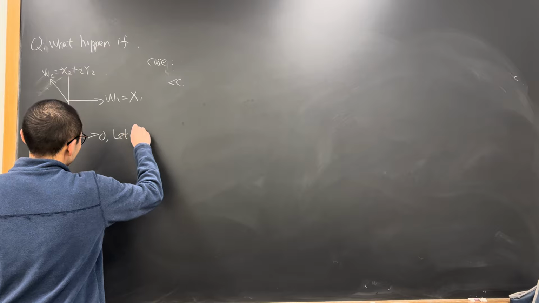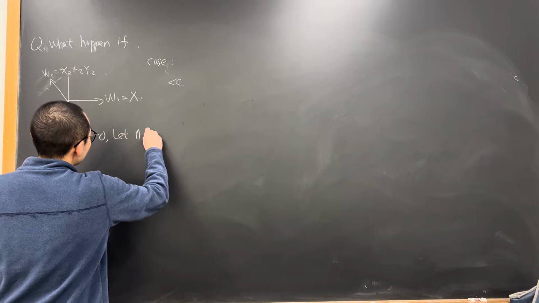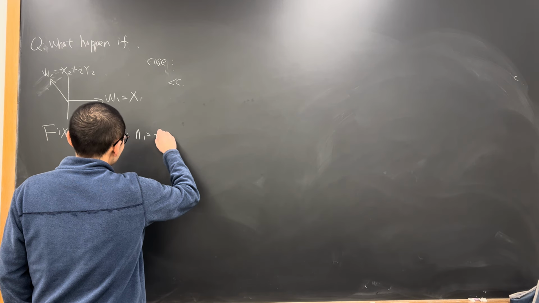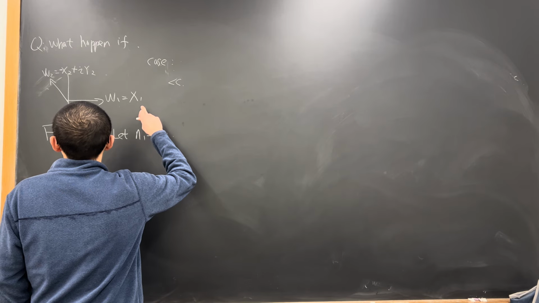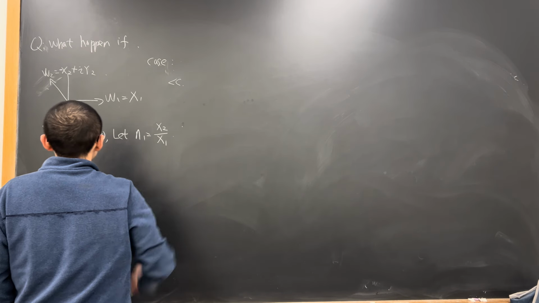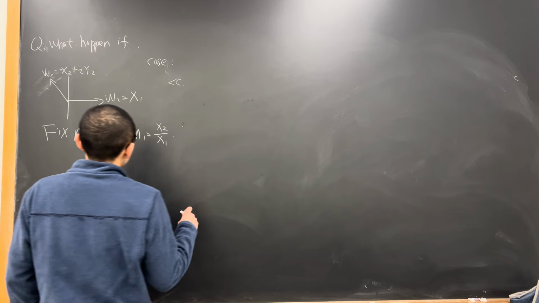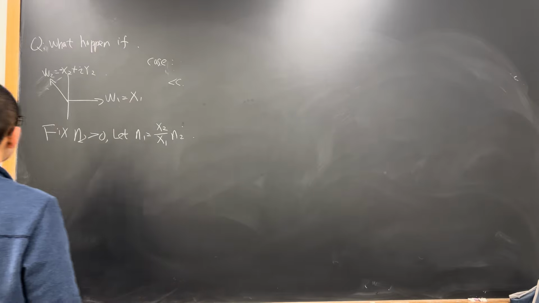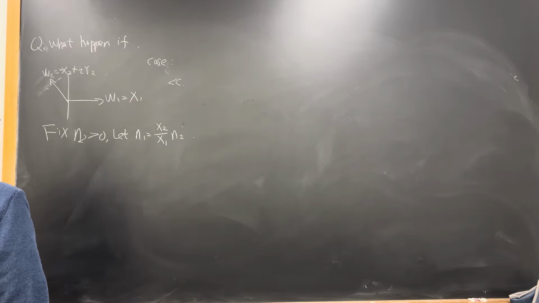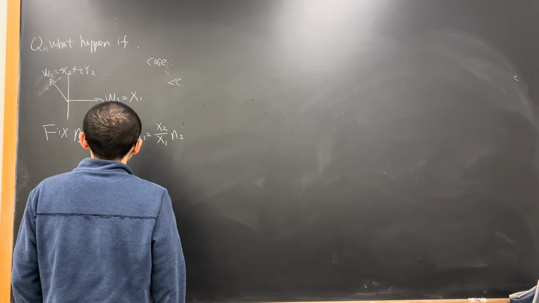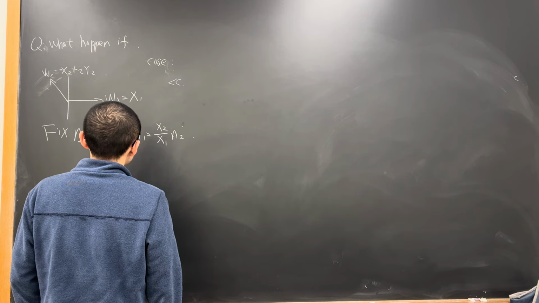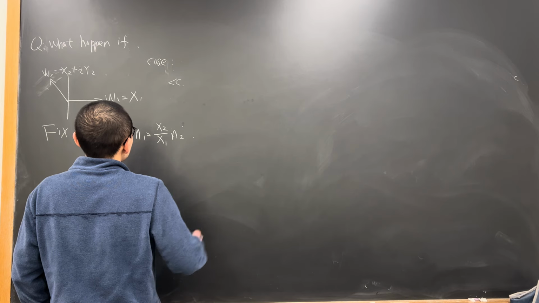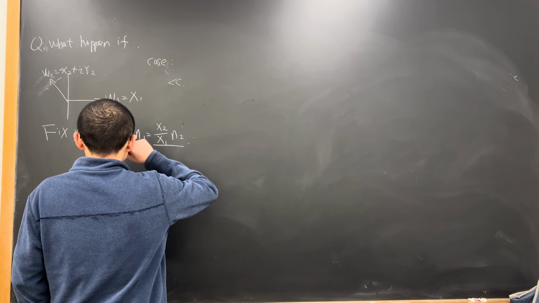Then you get N1 equal to, I first divide by x1, and then multiply by x2, so that they cancel out, and then times N2. So N1 times x1 is equal to x2 times N2.